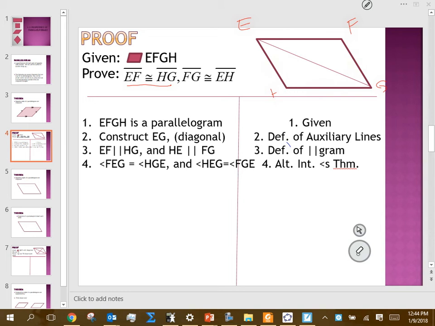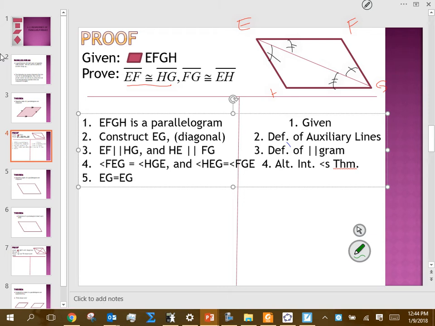What we've just figured out is that that angle is congruent to that one, to that one, right? You have two angles of one triangle congruent to two angles of another triangle. And we have triangles in our picture. We usually try to prove those triangles congruent, right? Do we know that EG is congruent to EG? That's the reflexive property, right? So now that I have the reflexive property going on, you have three parts of this top triangle congruent to three parts of this bottom triangle, right?